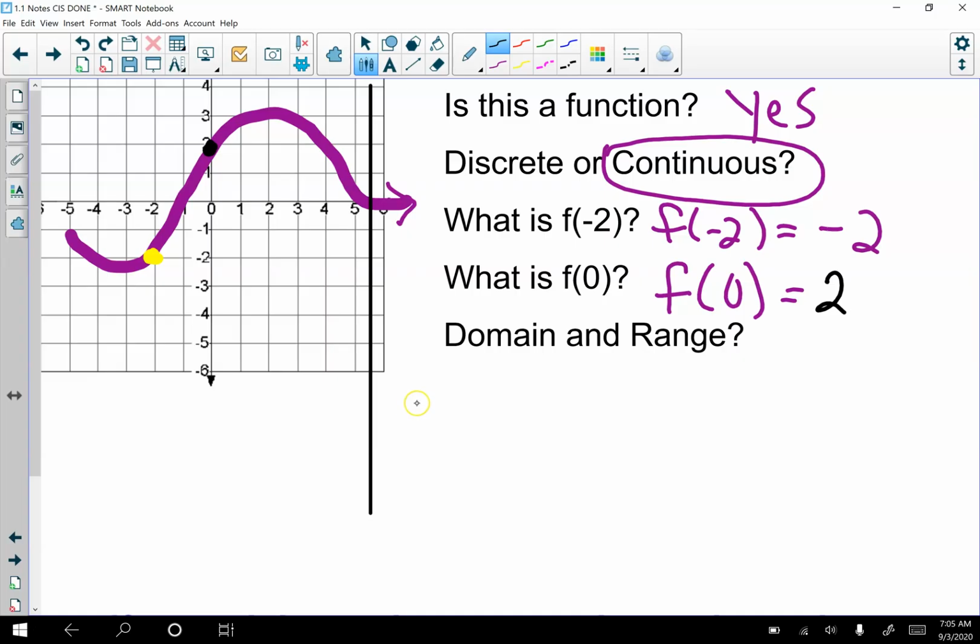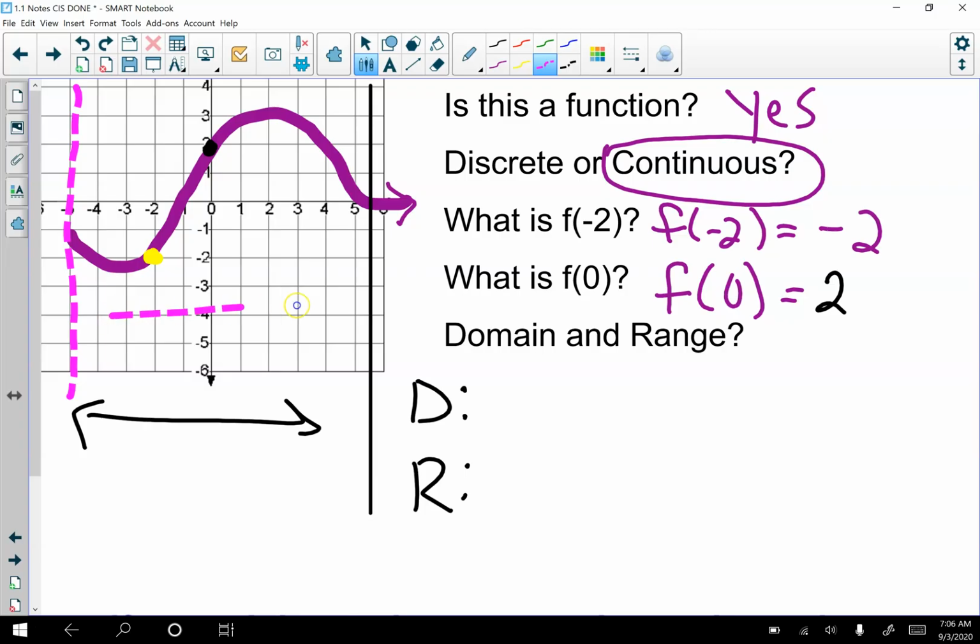And then the domain is different because this is a continuous function, so it's not a list. And we could use interval notation or inequality. I'm going to use both, and we learned that in the toolbox. That's why we did the toolbox. So if I was looking at the domain, I'm looking left to right. And if I notice left to right, I notice that this starts at -5, but it keeps going.